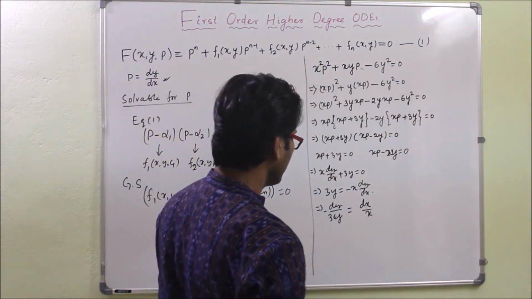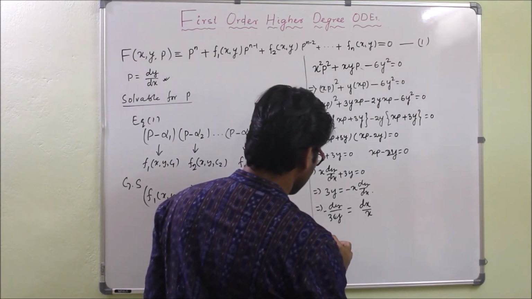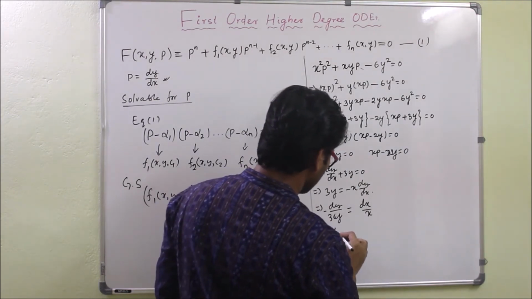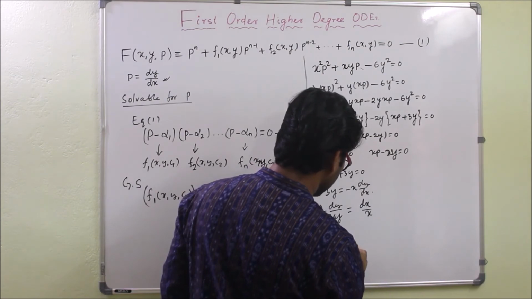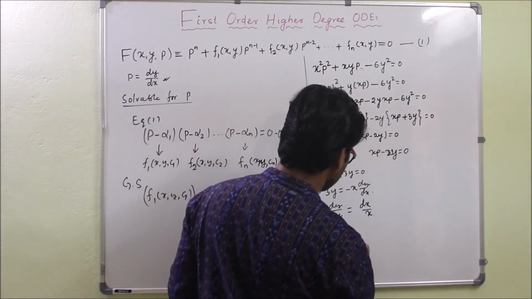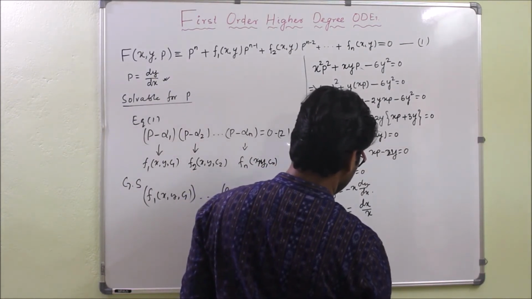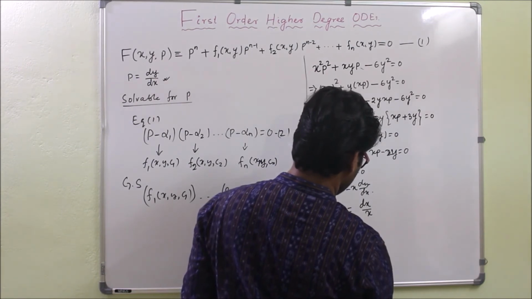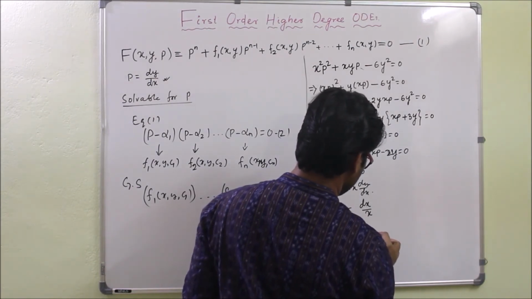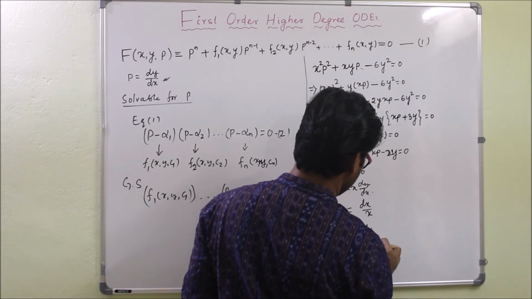So like that, it will be dy by 3y equal to minus dx by x.